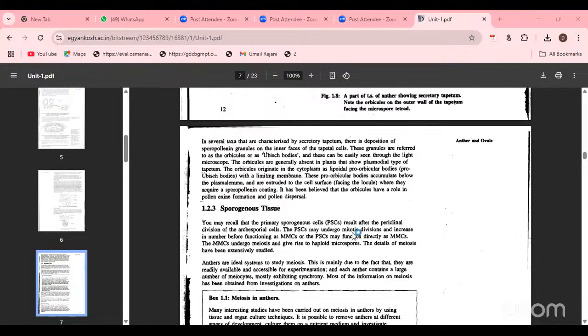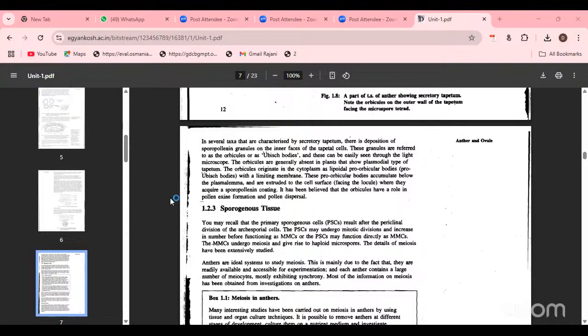In several taxa characterized by the secretory tapetum, there is deposition of sporopollenin granules on the inner face of the tapetal cell. These granules are referred to as orbicules, or Ubisch bodies. These can be easily seen in the light microscope. These orbicules are generally absent in plants with the amoeboid tapetum.